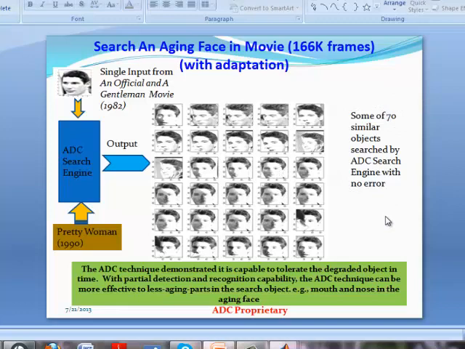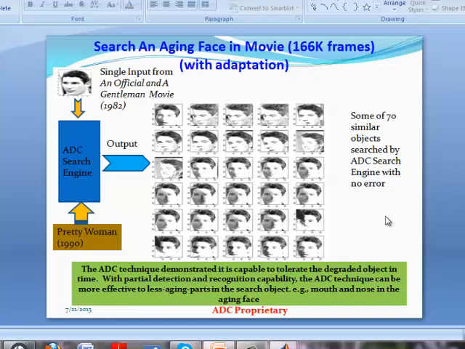What it's telling you is that our bioinspired technology is able to tolerate a certain amount of aging. But remember, if aging completely wipes out the features, there's no way we can do it.